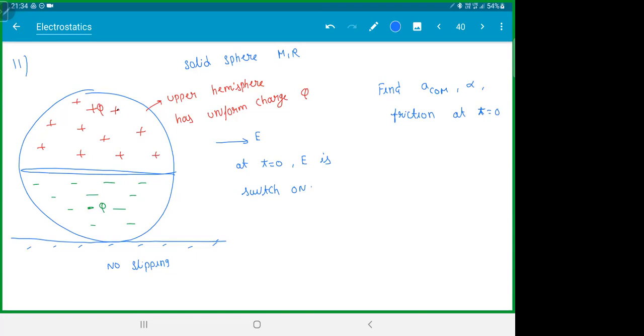It's a nice concept. The entire upper hemisphere has positive charge and the entire lower hemisphere has negative charge. You applied a uniform, constant field at t0, switched on suddenly. The ball will start rolling. Initially at t0, I want you to find the acceleration and friction.